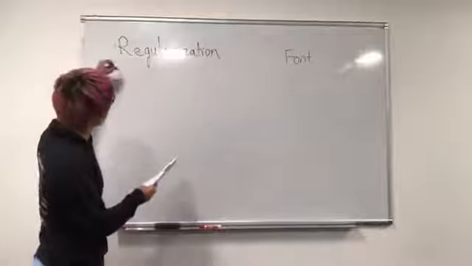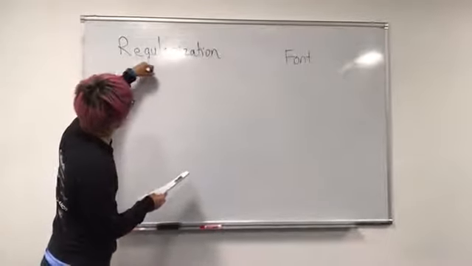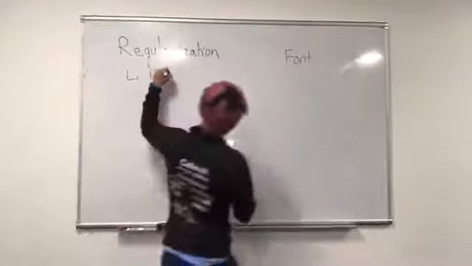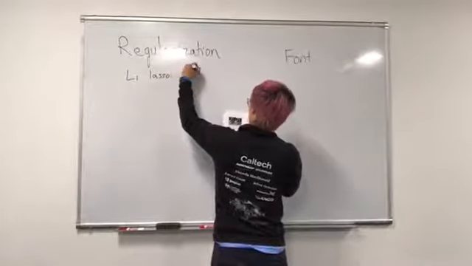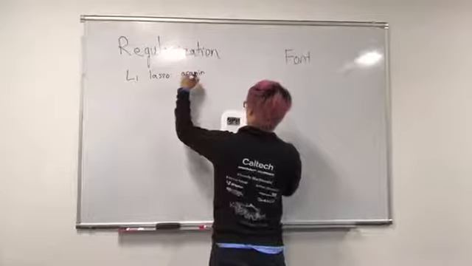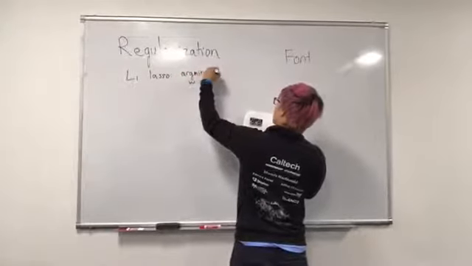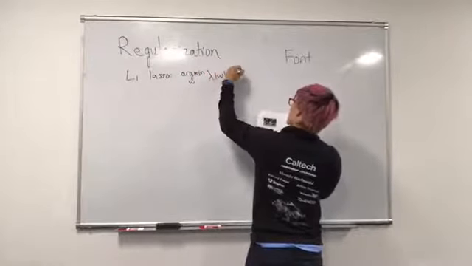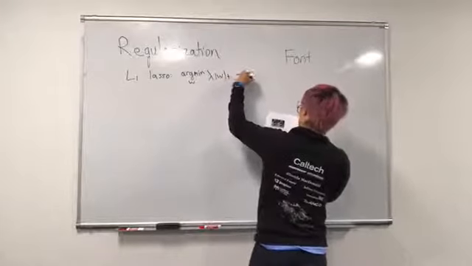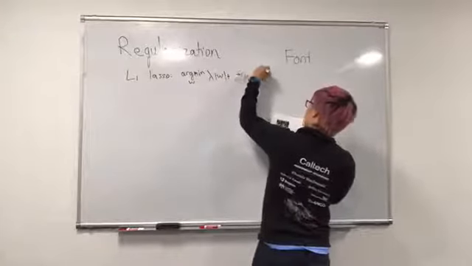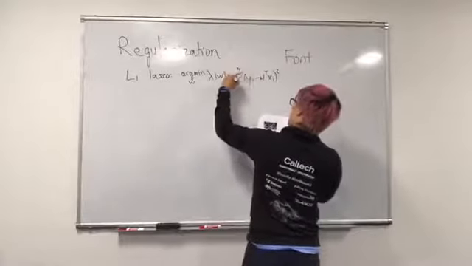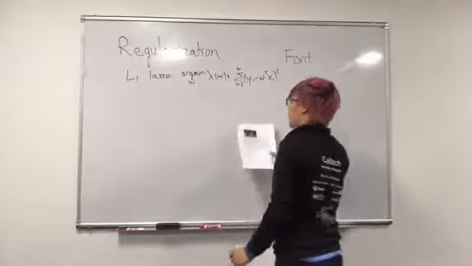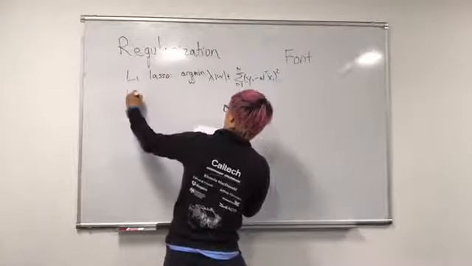One being the L1 lasso. I'm just going to write it out for you here. What I'm writing out specifically is the modified loss function, and then I'll write out the L2 ridge for you.